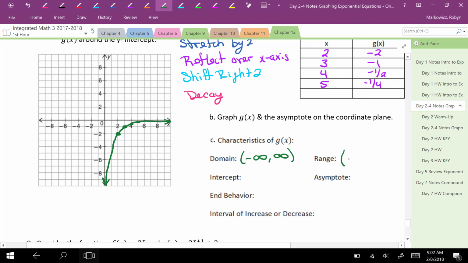What's my range here? Negative infinity to 0. Good. Anyone confused on range? No? Yes, you will. And I will show you how to do that.